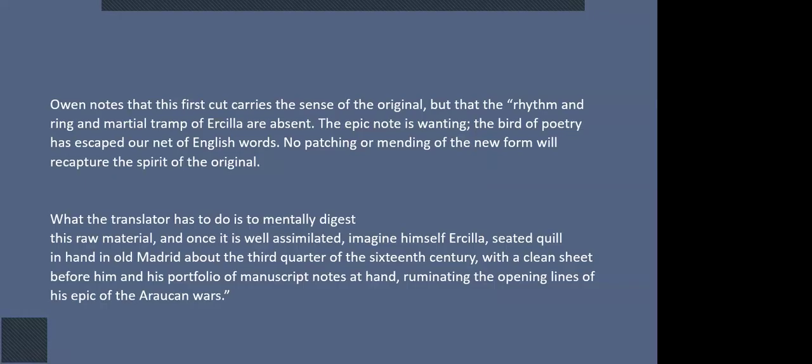What the translator has to do is mentally digest the material, the raw material, and once it's well assimilated, imagine himself, Ercilla, sitting quill in hand in old Madrid about the third quarter of the 16th century, with a clean sheet before him and his portfolio of manuscript notes at hand, ruminating the opening lines of his epic of the Araucan Wars.